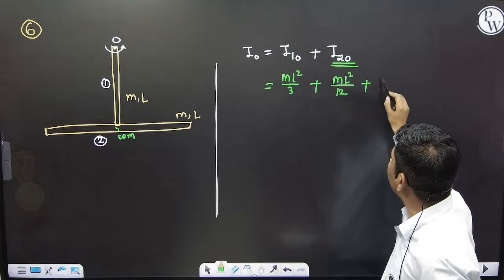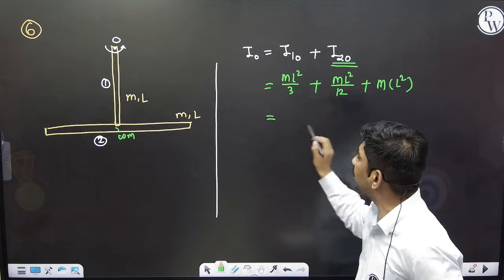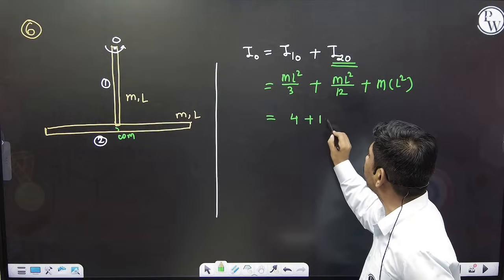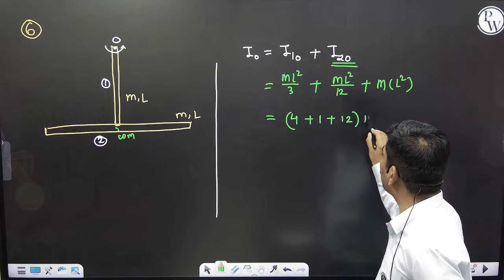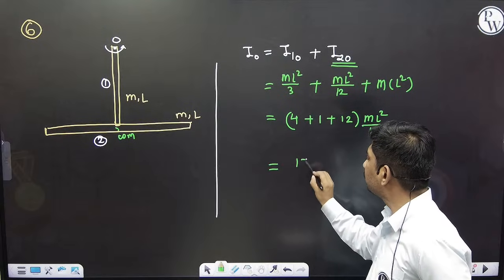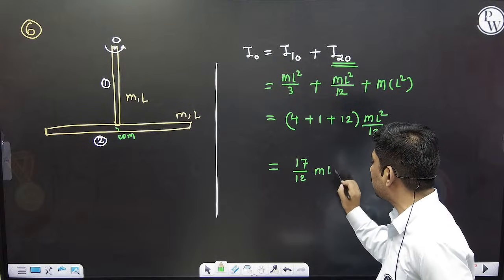So we have m into d square, which is L square. Now we can take the LCM as 12. So we write 4 plus 1 plus 12 into mL square by 12. So how much are we going to get, guys? We get 16 plus 1, 17 mL square by 12.